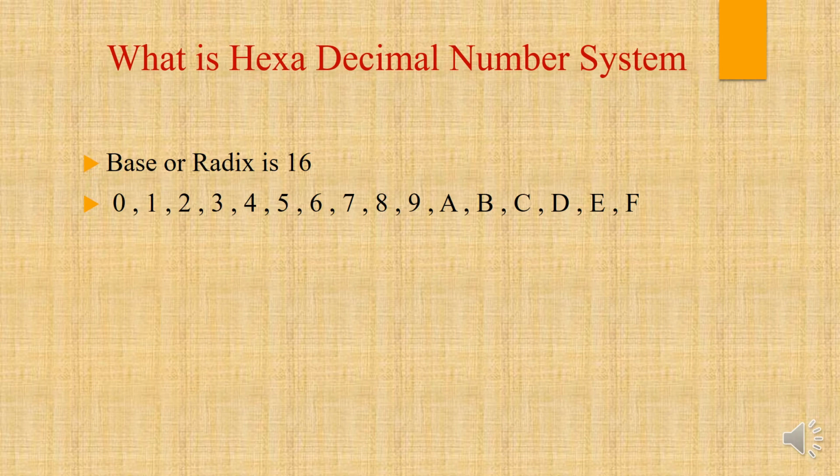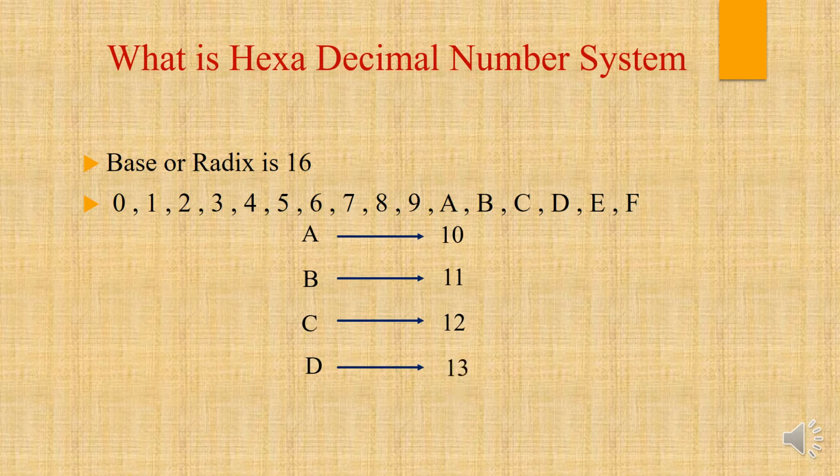So the symbols 0 to 9 represent the values 0 to 9, and alphabet A represents the value 10, okay, and B represents the value 11, C represents the value 12, D represents the value 13, E represents the value 14, and F represents the value 15.